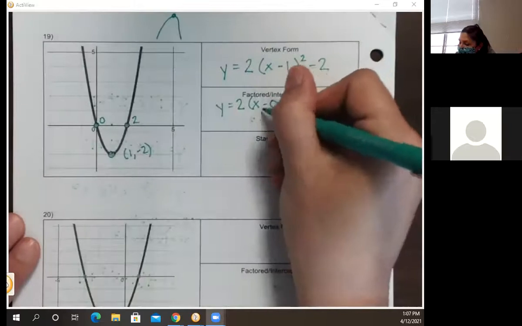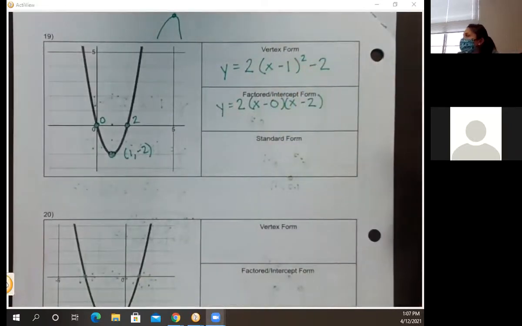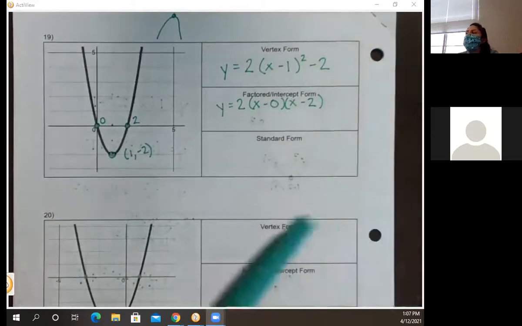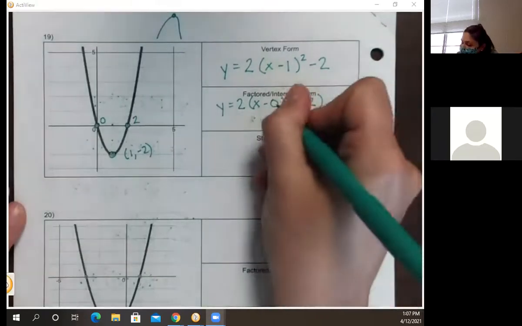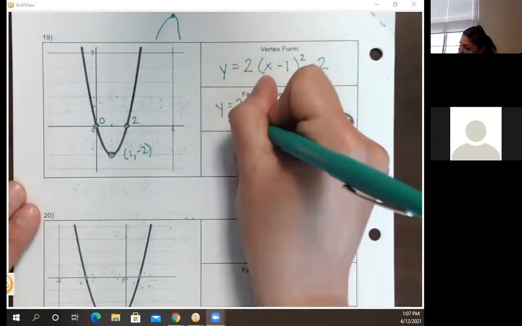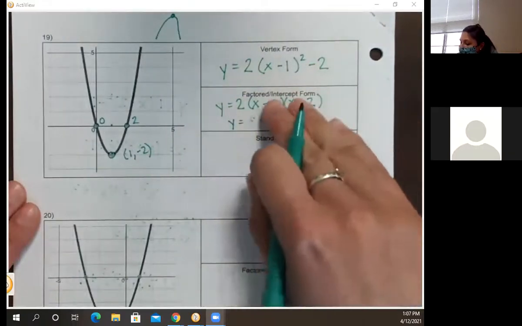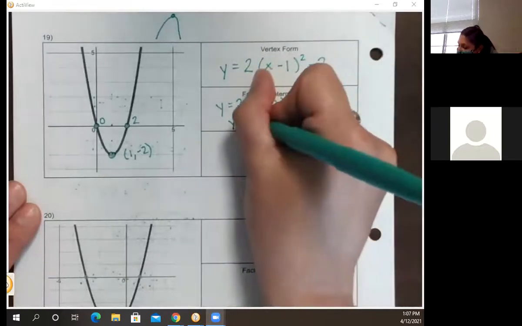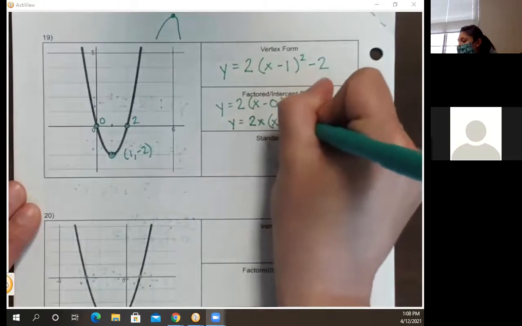Now, a minute ago, I said it doesn't matter if you write x plus 0 or x minus 0, because adding 0 or subtracting 0 doesn't change anything, right? So because we've got 0 here, we can clean this up a little bit. Since subtracting or adding 0 isn't going to change my x at all, I could clean this up to be 2x times x minus 2.